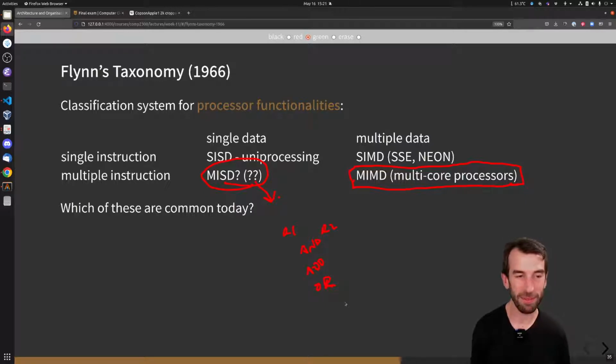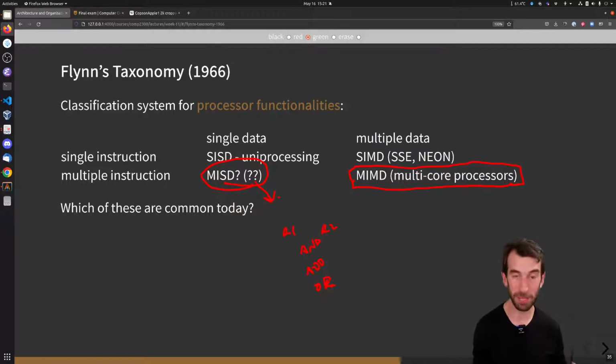It's a funny taxonomy because you've got three really useful parts. 75% of it, totally good, understand it. 25% of it, what? Does that really describe any processor? And every year I ask people to go and find an example of a MISD processor. And someone always comes back with something like the space shuttle, which is an old kind of spacecraft we used to have before they started exploding.